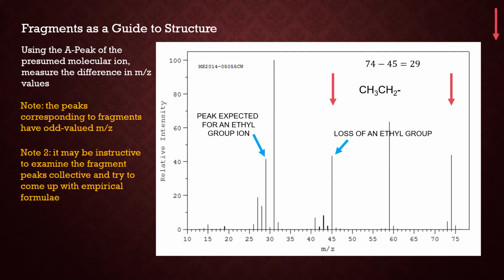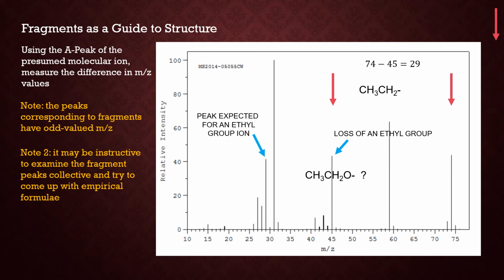So the two blue arrows suggest to me, on the one hand, at 45, I lose an ethyl group, and yet at 29, it looks like I have an ethyl group. So the 45 is the complement, or at least it seems that way, of the 29 peak. What separates those two is 16 AMU, right? And that can only be an oxygen, or well, most likely it's an oxygen, given the fact that we have only 4 elements to work with in these problems.